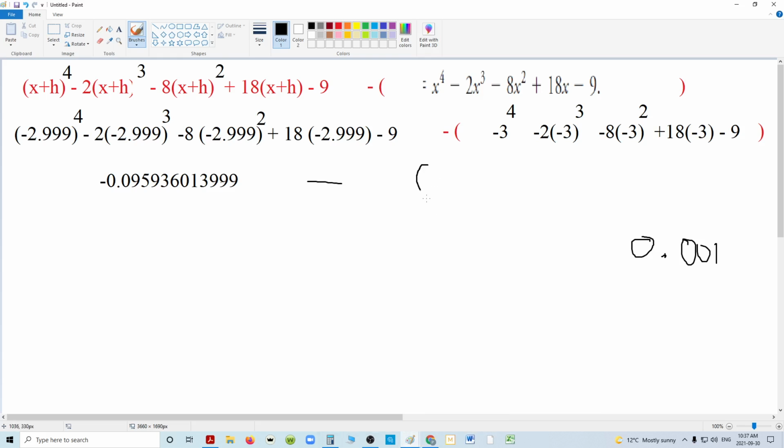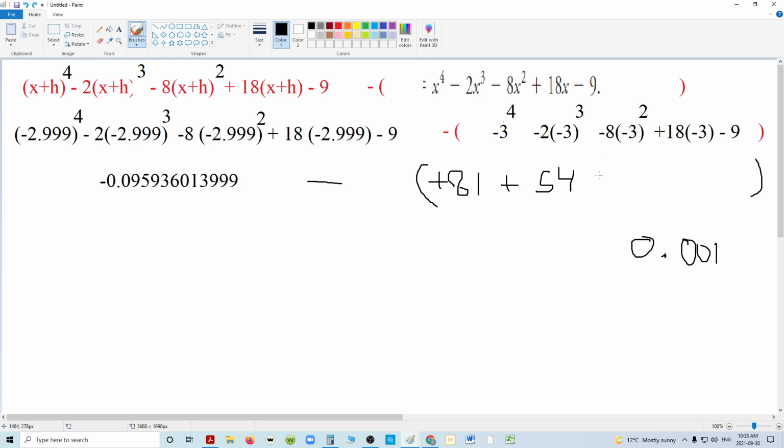And I'm going to put in brackets, and we're going to come up with each thing. So, minus 3 to the power of 4 is 9, 27, 81. Positive. Negative 3 cubed is negative 27 times negative 2 is positive 54.